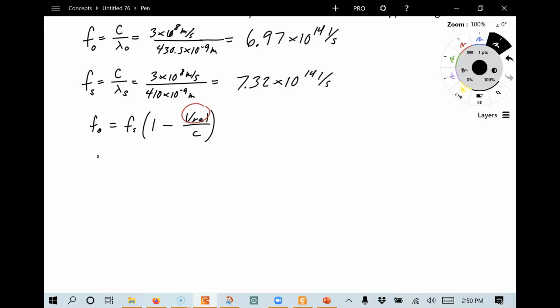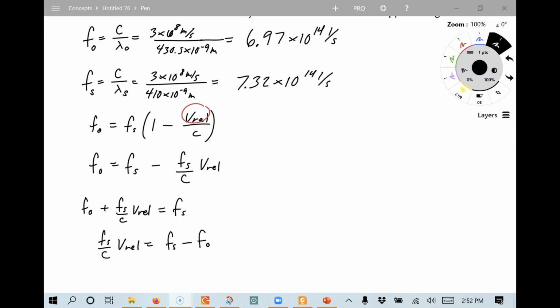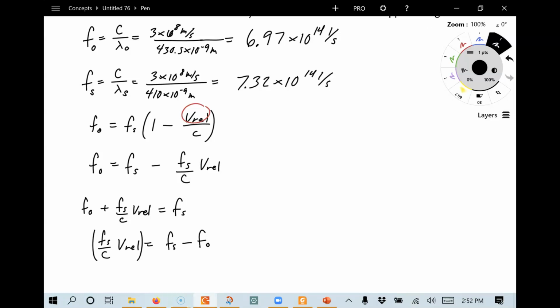First of all, let's multiply out the source frequency by both terms. And let's add the Fs over C to both sides, and we'll subtract the F0 from both sides. Finally, all we need to do is multiply by C over Fs on both sides.